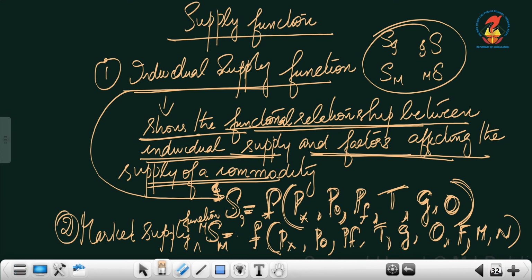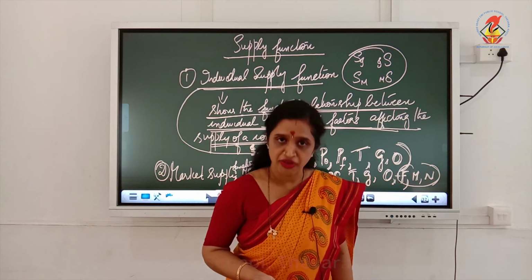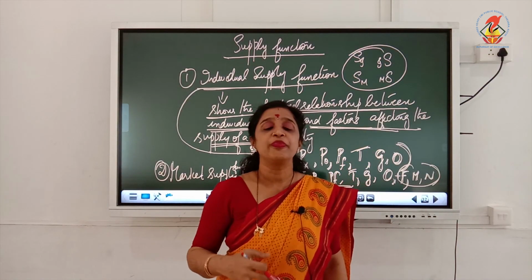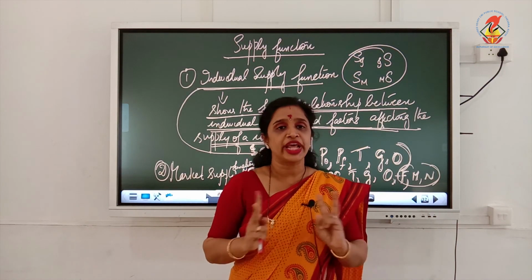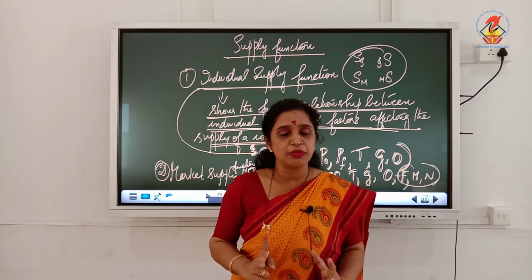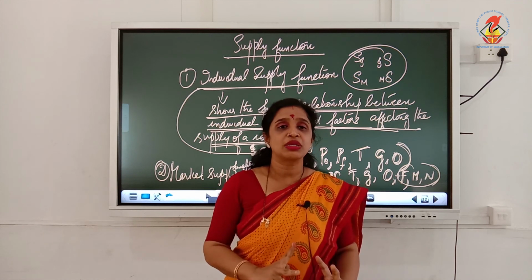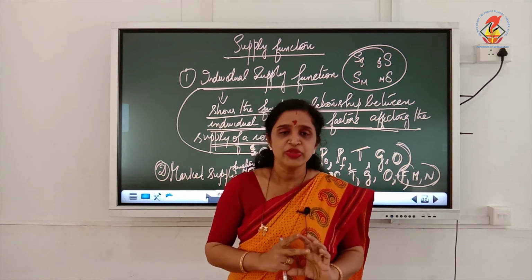So, if you add all the individual supply factors plus these three, F, M and N, you will get the market supply function. When you represent this in the form of an equation, it becomes a function. So, all these are the topics which I wanted to discuss in this video: the definition of supply, two types of supply, individual and market supply, factors affecting individual and market supply, individual supply function and market supply function.